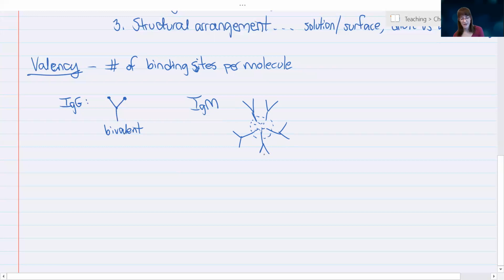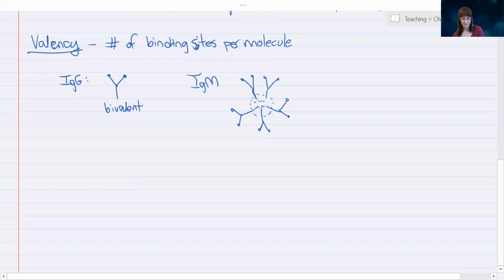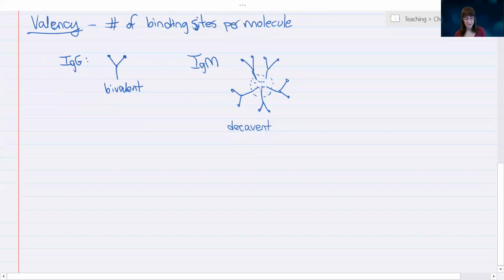And so we have this pentameric antibody. How many binding sites can that have? Well, there are two on every one of these monomers. And so this is actually a decavalent complex in that it can potentially bind 10 epitopes or 10 sites on an antigen. So a decavalent binding.